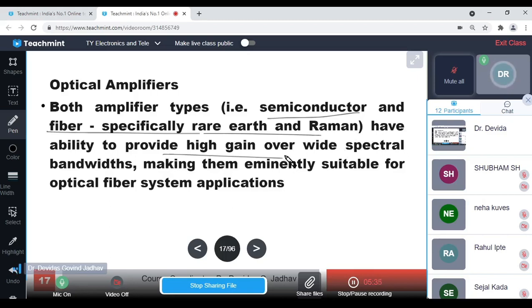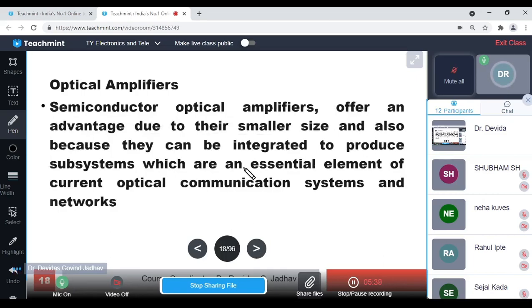All these types have high gain or wide spectral bandwidth, but Brillouin has a small gain bandwidth. The semiconductor optical amplifiers offer the advantage of smaller size, and they can also be integrated with subsystems, and are compatible also.